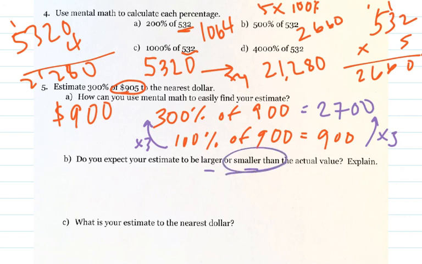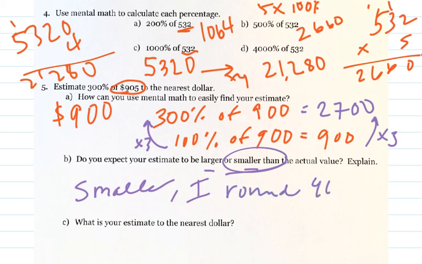In this case, this is going to be smaller than the actual value. Why? Because I rounded the original value, $905, down, which means my estimate will be smaller than the actual value. Okay, what is my estimate to the nearest dollar? 2,700.